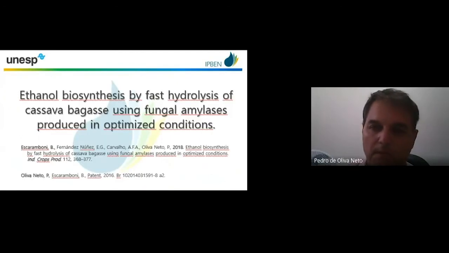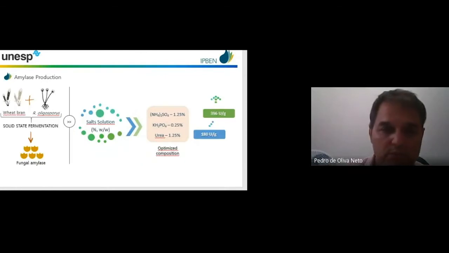This is our strategy. And here we have a patent and a publication about this technology with more details. We use a combination of salts to improve this production. It's very important in a solid state fermentation using Rhizopus oligosporus and wet bran or wastes too.